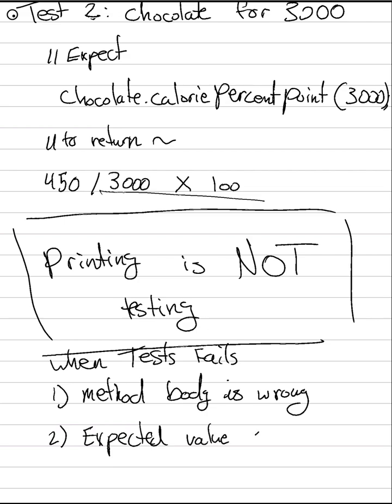Or both the method body and expected value are wrong. Unfortunately, sometimes the test will incorrectly pass when both the method body and the expected value are wrong. So it's really important to take your time with the tests and have a second pair of eyes to make sure. That's very scary.